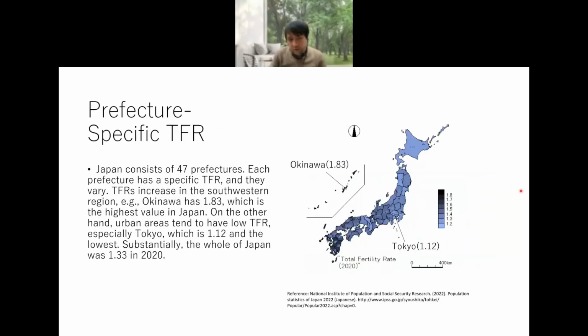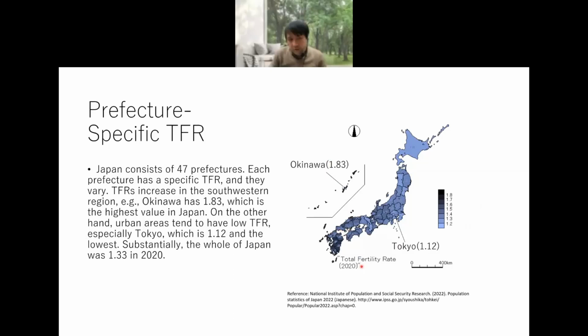Japan consists of 47 prefectures. Each prefecture has a specific total fertility rate, and they vary. Total fertility rates increase in the southwestern region. For example, Okinawa has 1.83, which is the highest value in Japan.